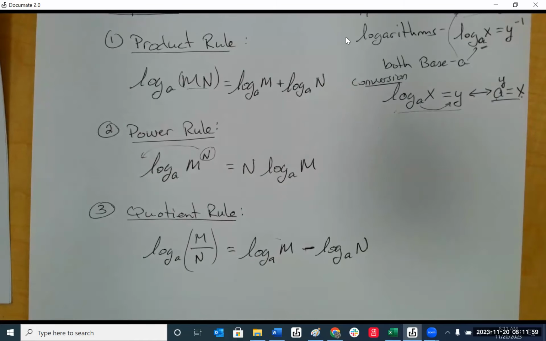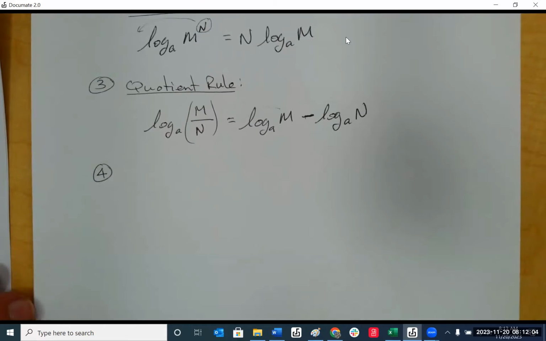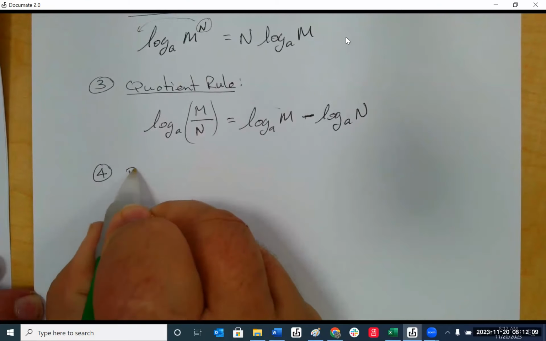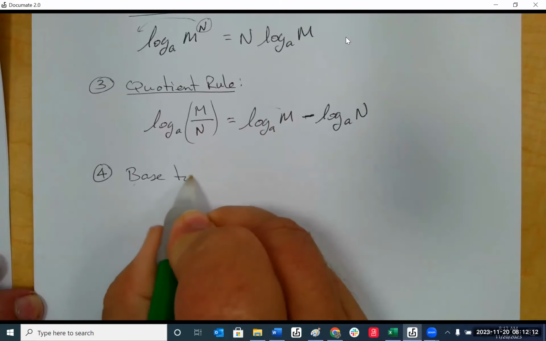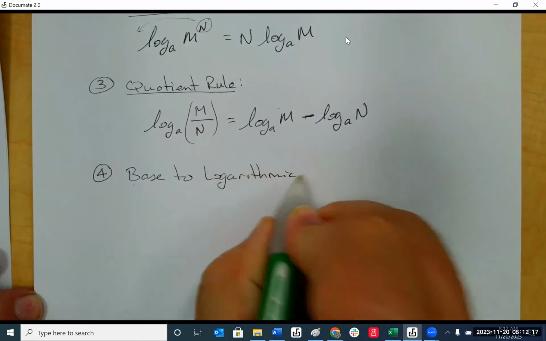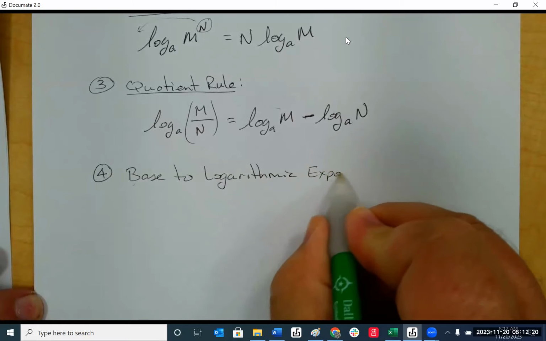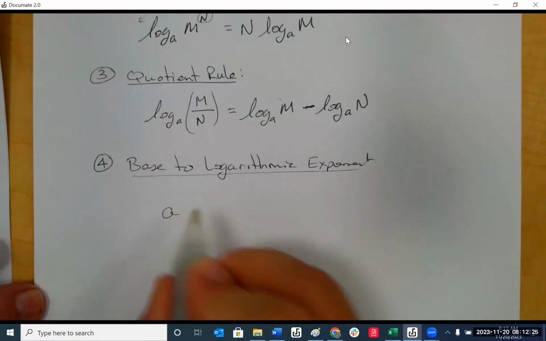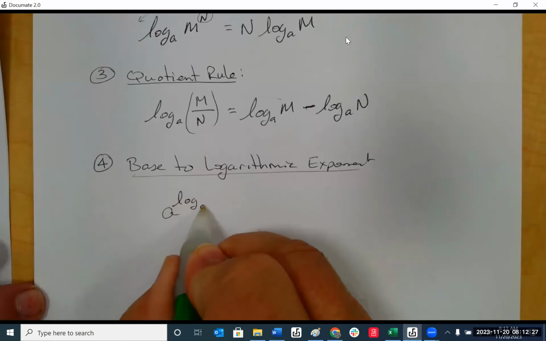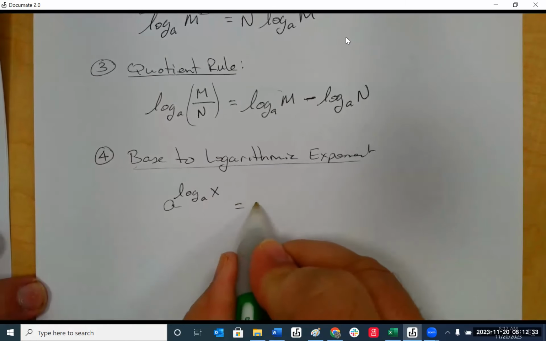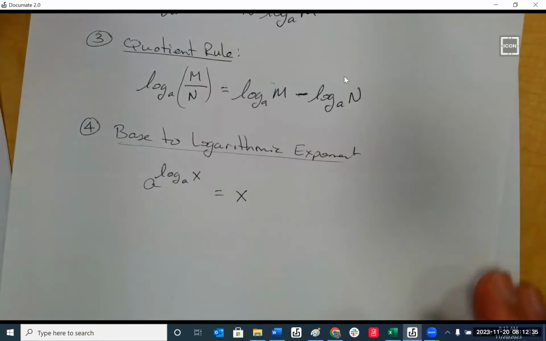All right, we have the other logs that we talked about last time. The fourth one is a base raised to a log with the same base, which equals the operation.